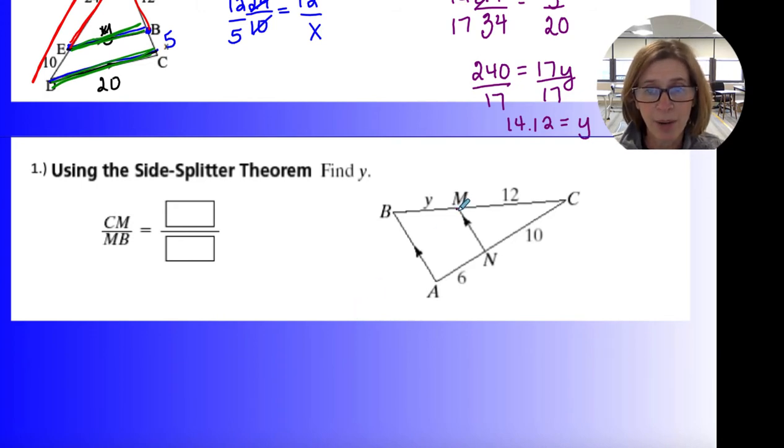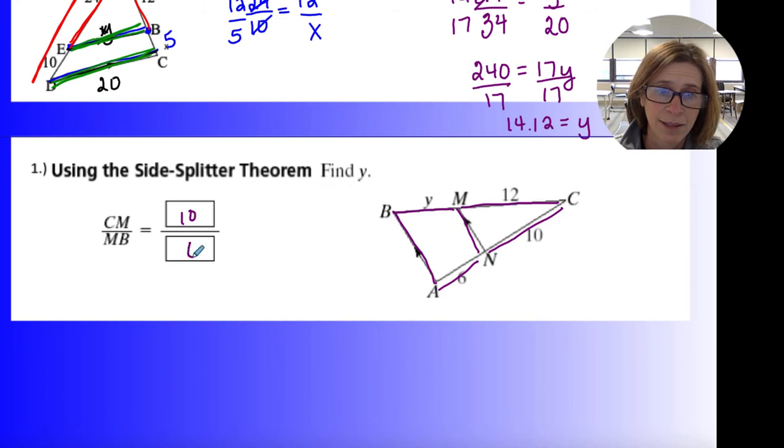All right, so I see the parallel lines here. So my proportion would be CM over MB equals 10 over 6. So CM is 12 over Y equals 10 over 6.